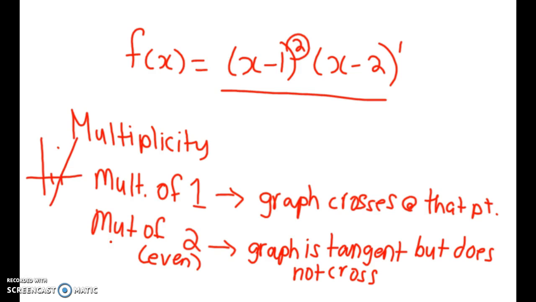For this one, the multiplicity is 2, it has a power of 2, so our x-intercept would be 1 there. At that point your graph will go tangent but will not cross it. It goes right up to the point and turns away from it. It does not cross the point.